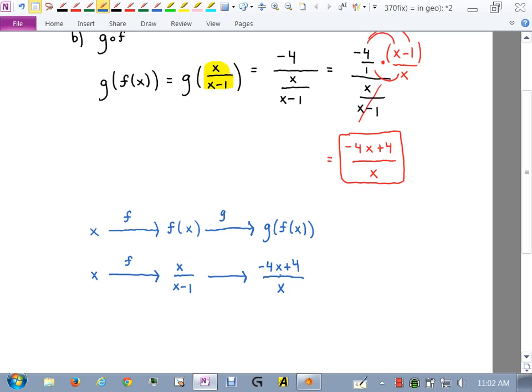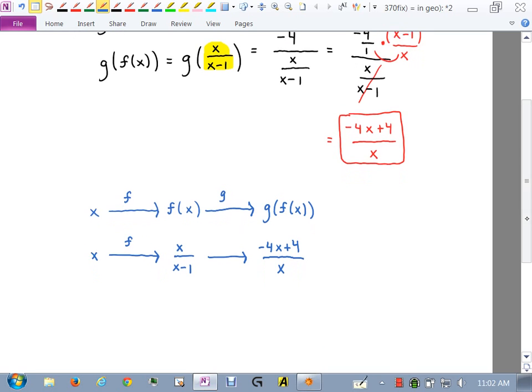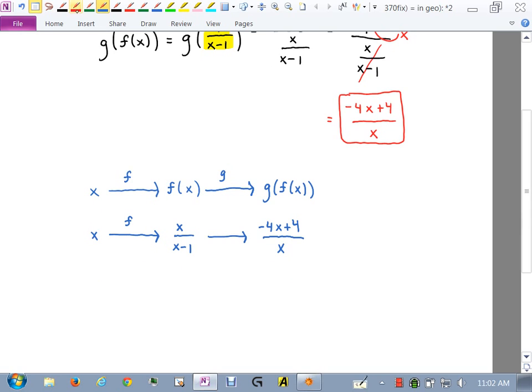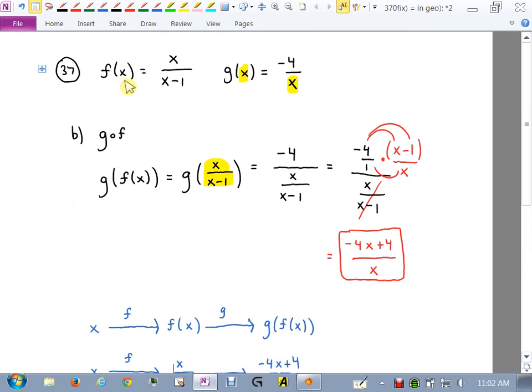Okay? So what we talked about last time is trying to figure out what the domain of the composition is. So let's try and figure out what our domain restriction is as we plug a number into the f function. So what's the domain of f? Look at f. What can we not plug in there? 1, right?